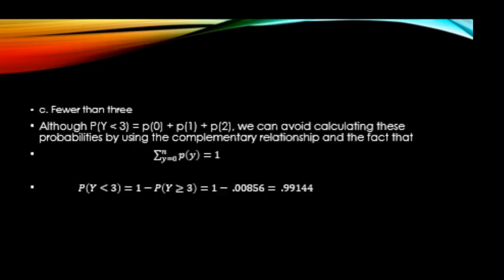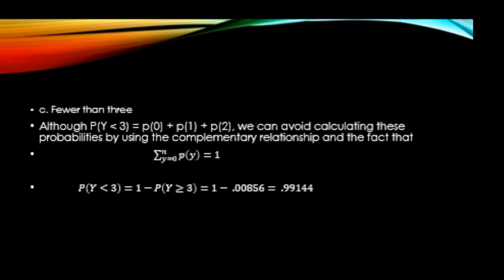Okay, now let's see fewer than 3. The possible values would be 0, 1, or 2. We could find the individual probabilities for 0, 1, and 2 and add them up, or we could use the complementary rule here because we already have the probability of y greater than or equal to 3.